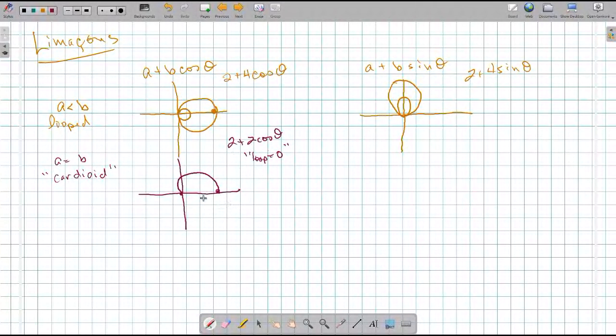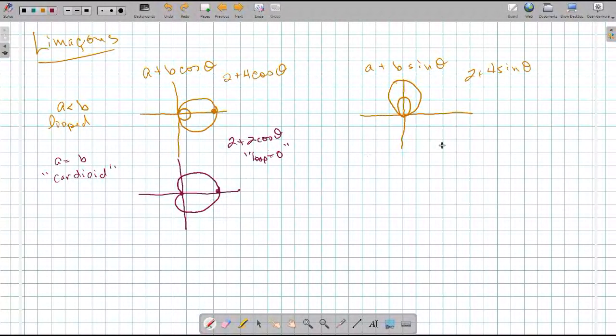Because 2 minus 2 is 0. And so I then just continue on for the remainder of this curve. Notice that I've got this x-axis symmetry for cosine.